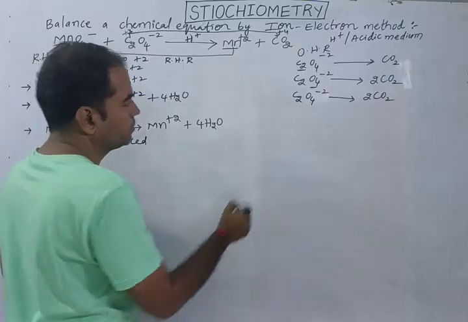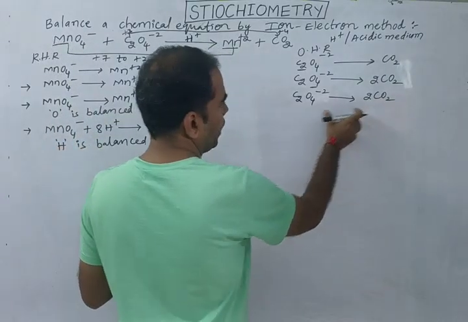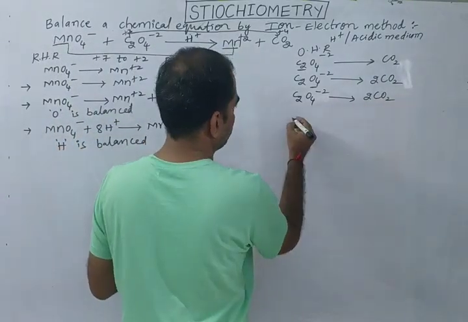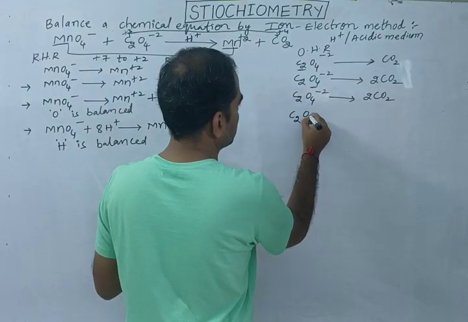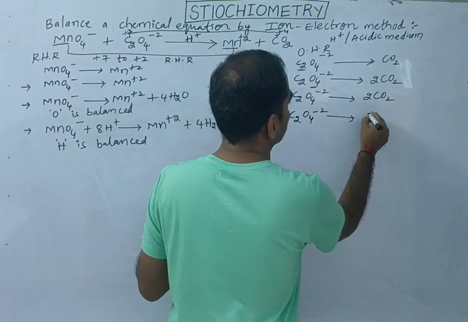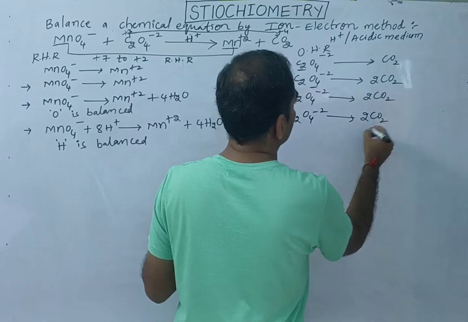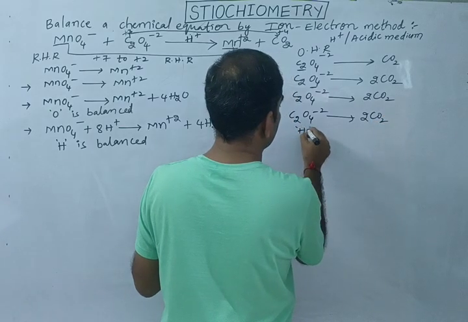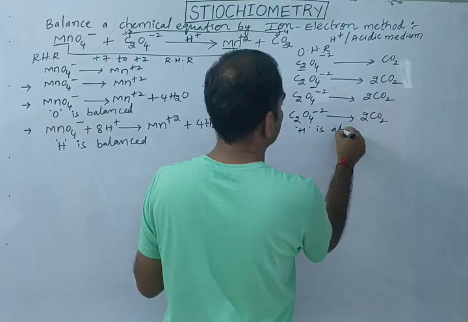Now come to this side: hydrogens are absent in C2O4 2 minus and in 2CO2, hydrogen is absent.